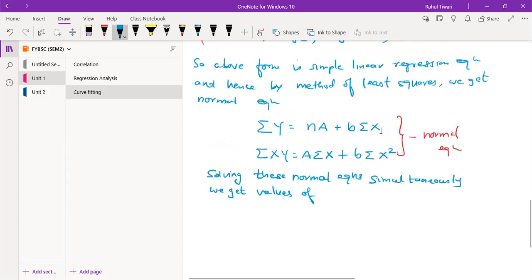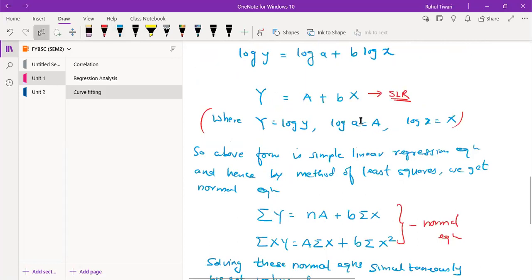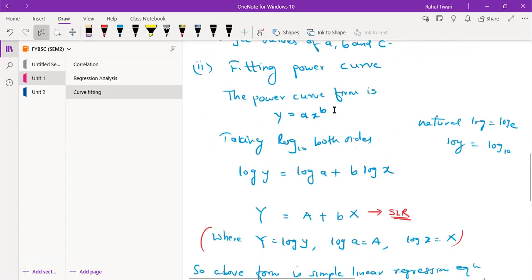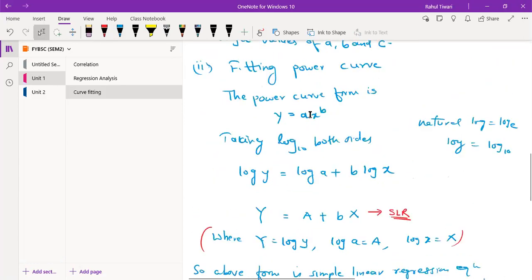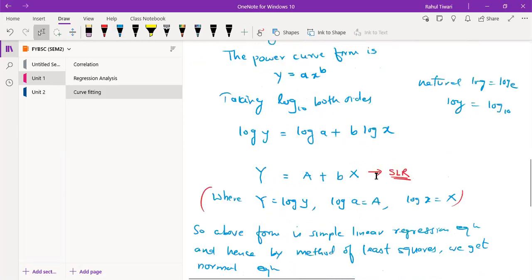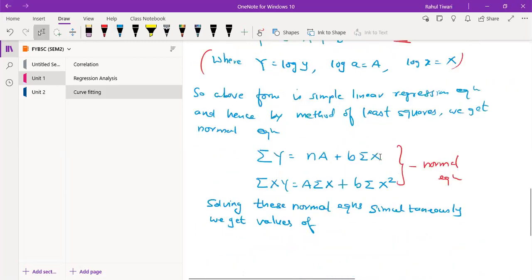Once you have capital A, you can get the value of small a, because actually you have small parameters a and b. Are you getting my point? You want to obtain the values of small a and small b, not capital A and capital B. So once you get capital A and capital B, you can get small a and small b.